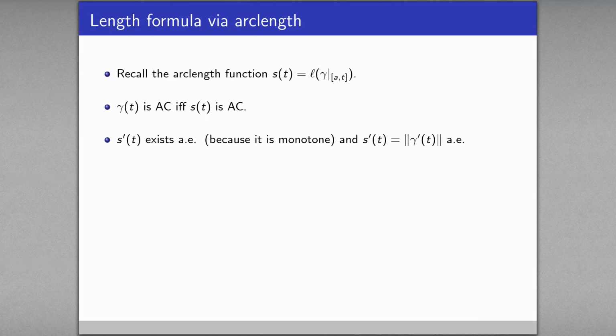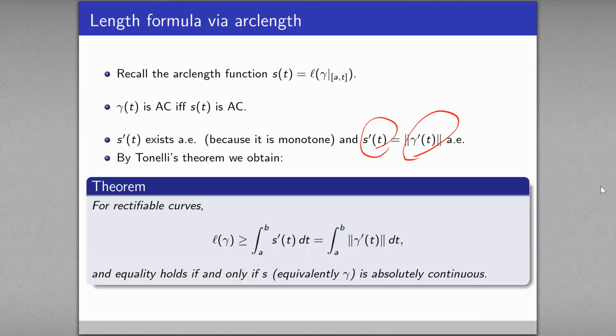So if we replace this equality with this in Vitali's theorem, we end up with this, that if you are a rectifiable curve, then s prime exists almost everywhere. This is equality and this is inequality. And when does inequality become an equality? If and only if you are absolutely continuous.